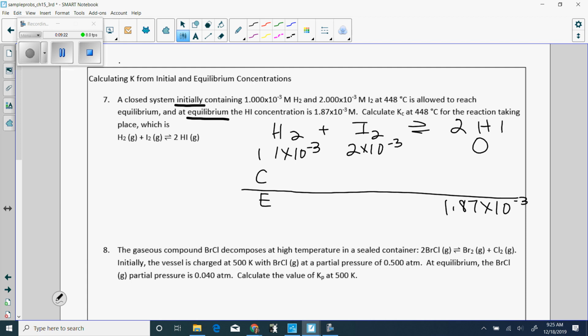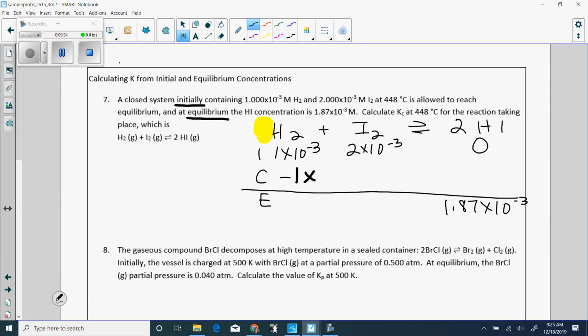C stands for change. In a balanced equation, the change is always proportional to the mole ratio. We're going to do some mole ratio. So my hydrogen is going to disappear, negative. I know it's disappearing, it's going to go down, by a ratio of 1, because my coefficient is 1, and a factor of I don't know. I'm going to call it X. I don't know what that rate is.